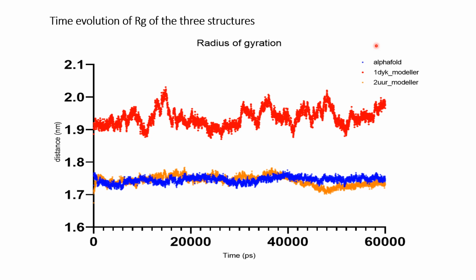The radius of gyration is used to indicate the conformational transition and compactness of a protein. Among the three structures, the AlphaFold 2 derived structure has the lowest radius of gyration.